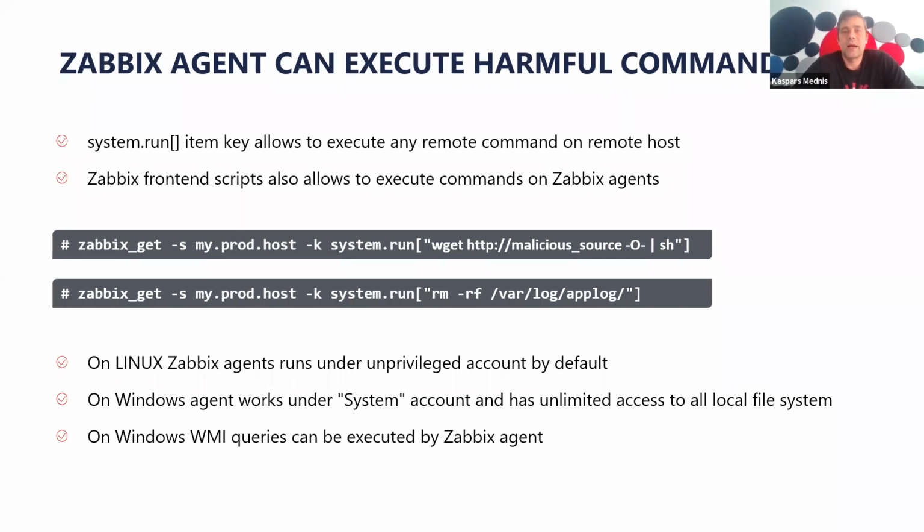It can start services, stop services. It can run any commands, access any file, modify registry. You can execute any WMI query using Zabbix. So if you are quite experienced Windows administrator using WMI queries, you can also do a lot of things. So basically, you want to protect yourself from such things happening by using Zabbix agent.